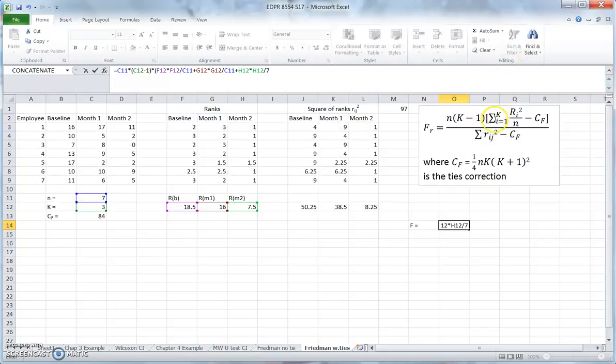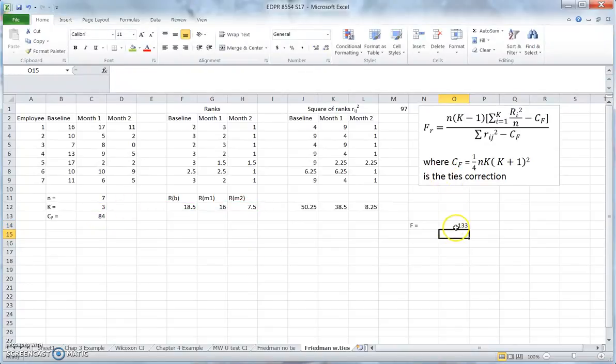That's this part of the formula. From 1 to 3, we do the R squared divided by 7. After we complete this part, we subtract CF, which we already know is 84 right here. This is the numerator of this F ratio.